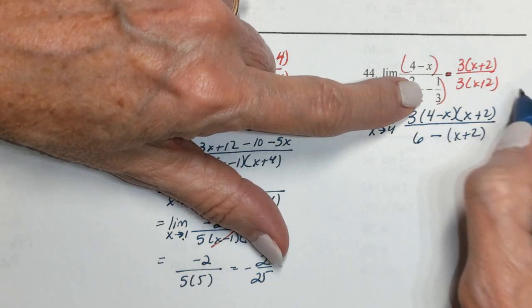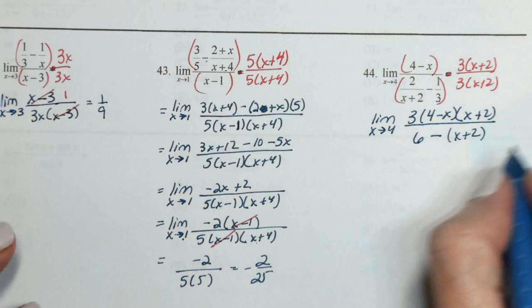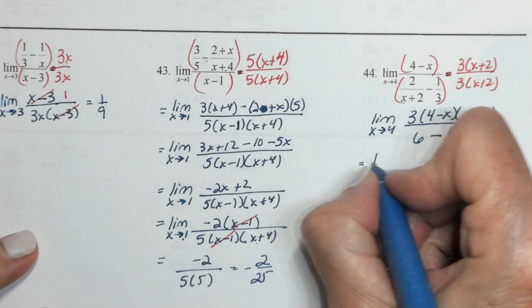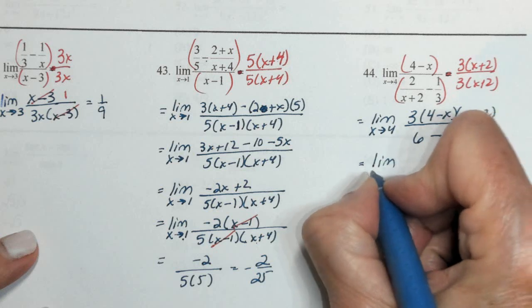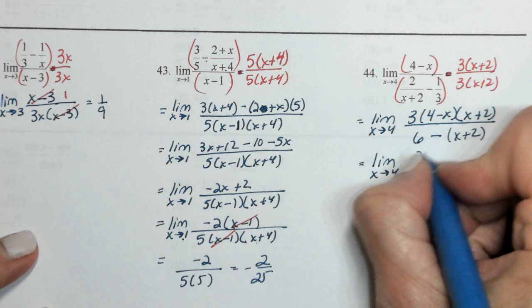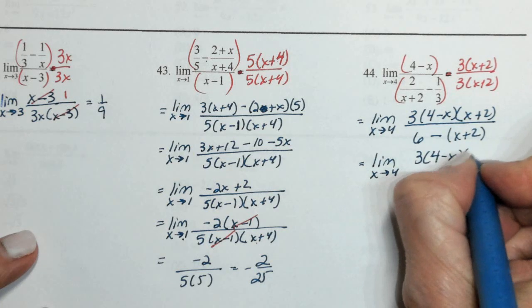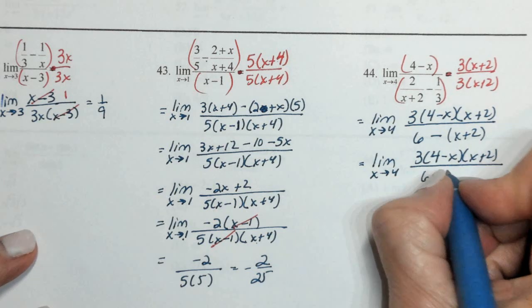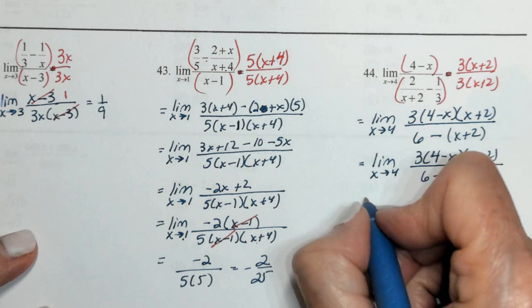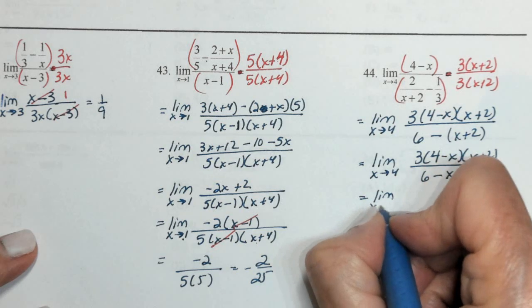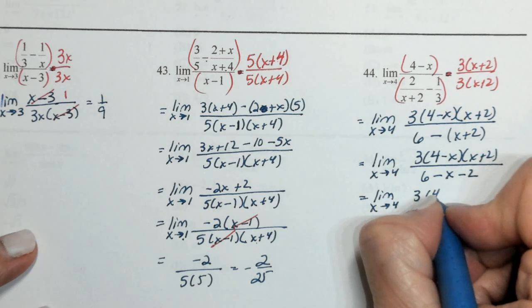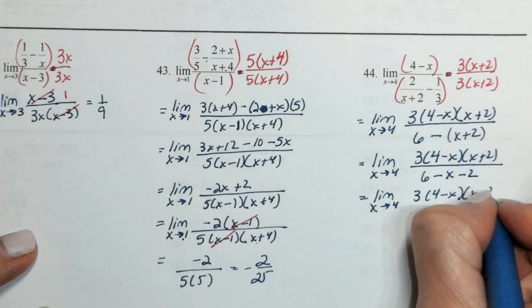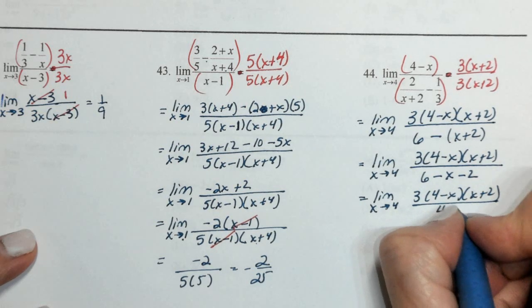Either distribute or keep that x plus 2 in parentheses. So this gives us 3 times 4 minus x times x plus 2 over 6 minus x minus 2, which is 4 minus x.